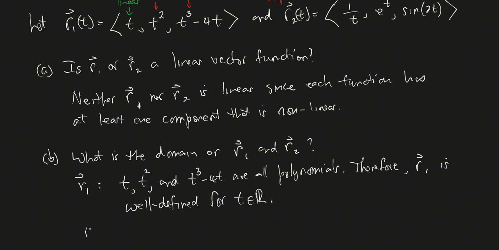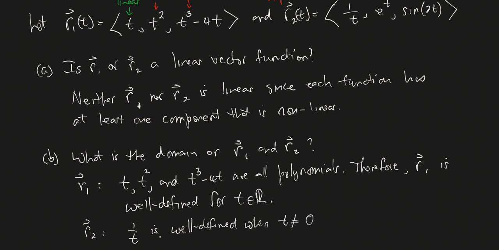Let's take a look at R2. Well, for R2, none of these are polynomials, right? So let's do them individually because they are different types of functions. So we can say 1 over t is well defined when t is not equal to 0, right?